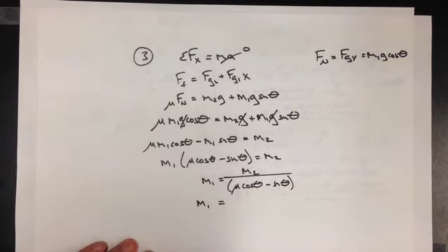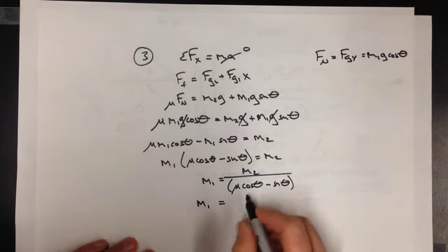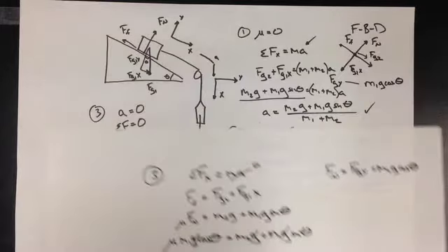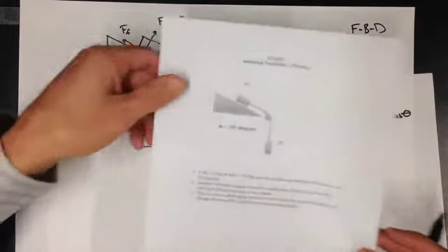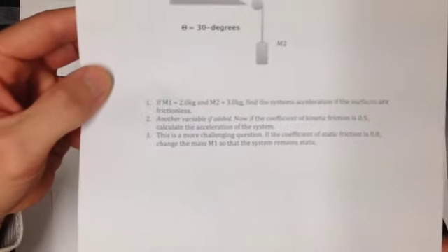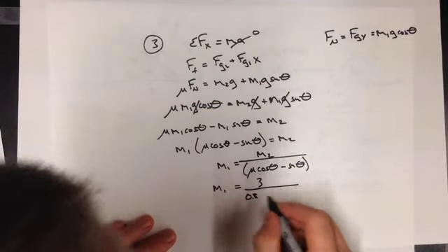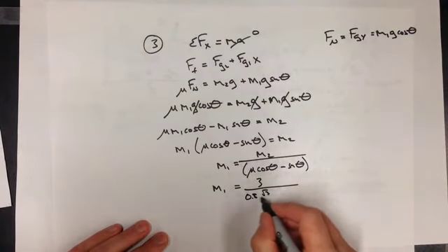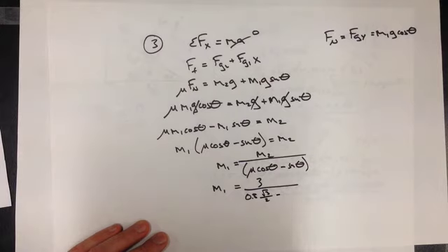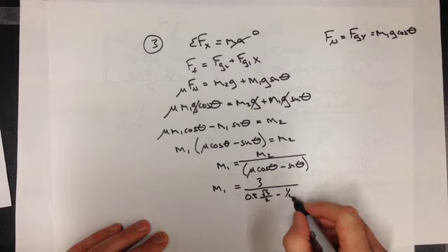Or have I given you a bogus question here? So we end up with m2, which, I have to go back to my problem statement, and my m2 ends up being 3 kilograms. 3 over my mu, which is 0.8, times cosine of 30, which is root 3 over 2, minus 1/2.